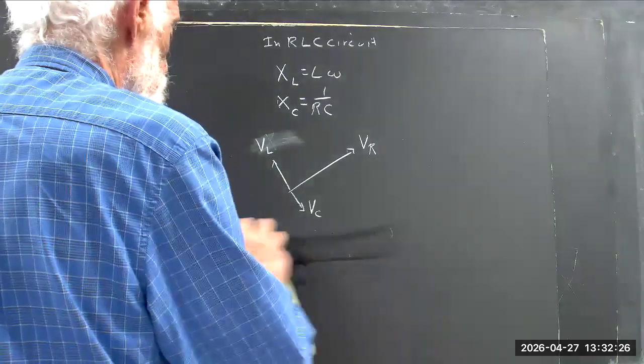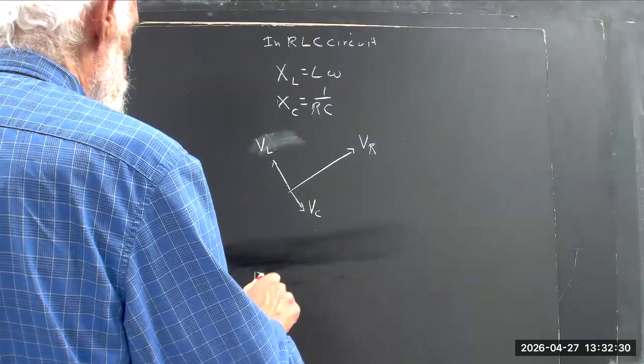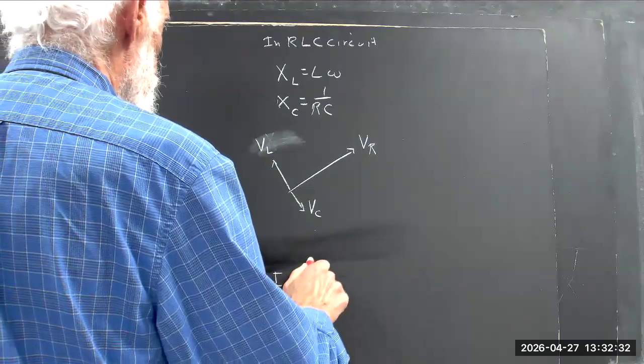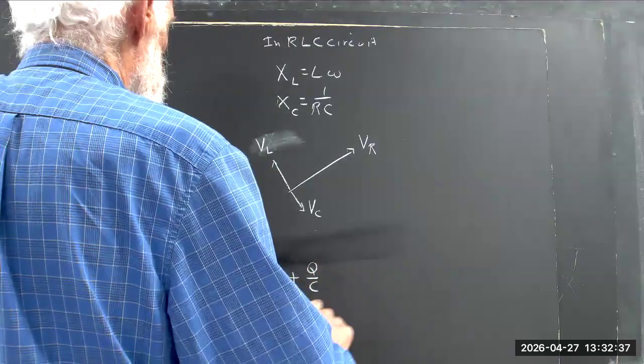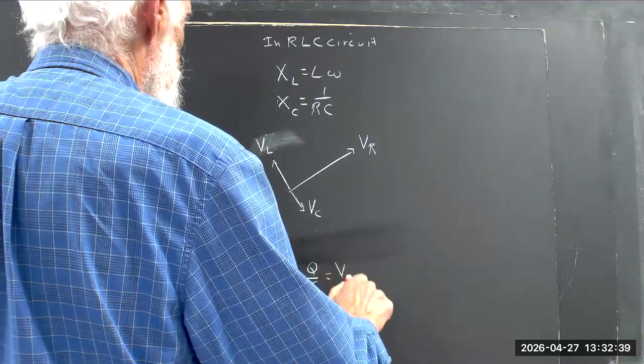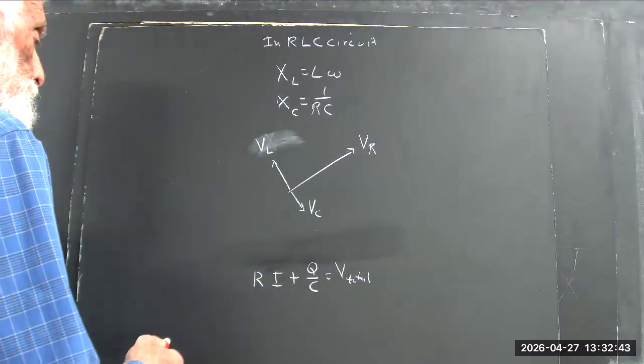Let's see where the C comes in. Okay, you have Ri plus Q over C equals total voltage.